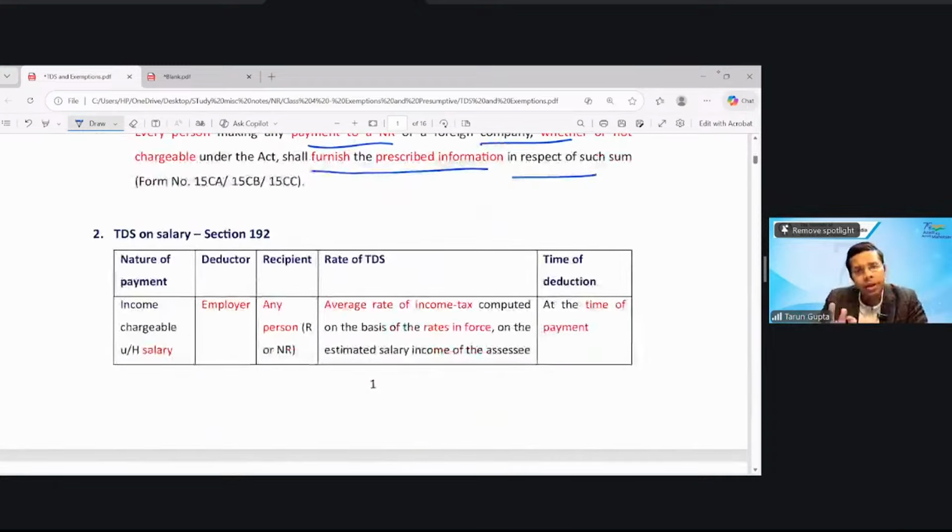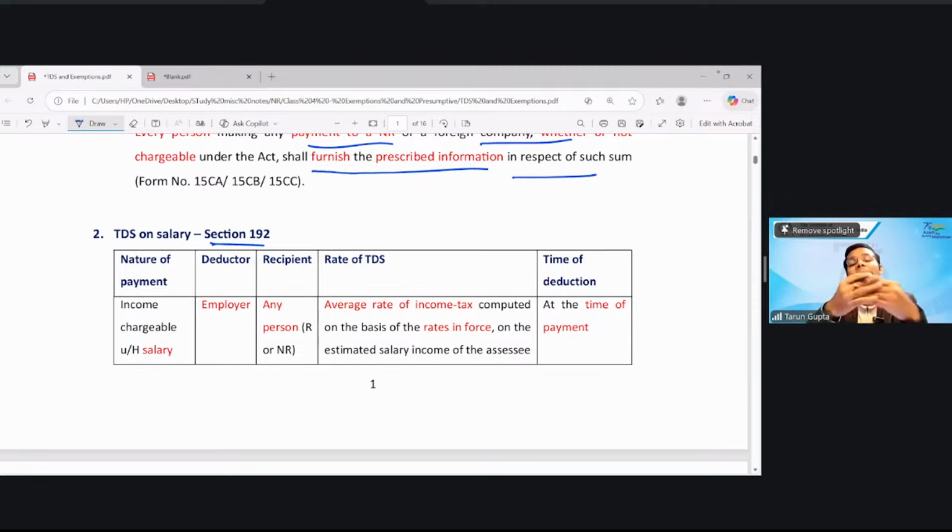Take section 192, the same section which you studied in the case of domestic TDS. Now we will discuss some similar sections which you have studied, which are applicable both to residents as well as to non-residents. So even if the payment of such type is being made to a non-resident, the tax is deducted under these sections, not under section 195.